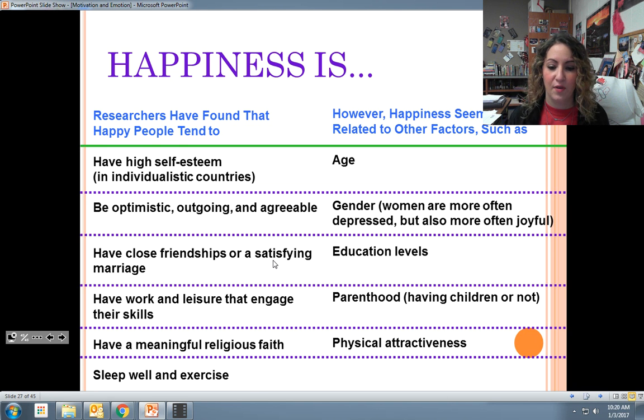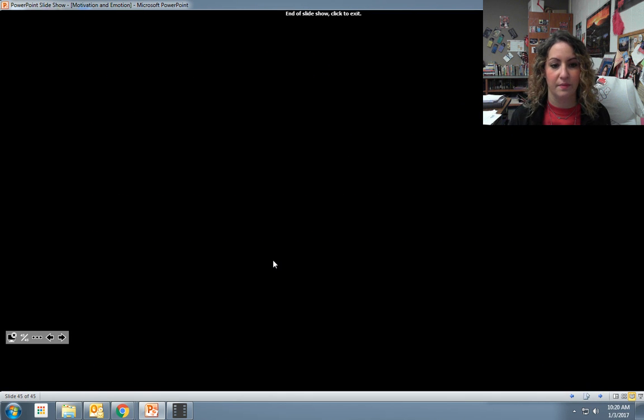Age doesn't change your level of happiness, your physical attractiveness, whether you have children or not, your education levels, and gender. But things that do affect your happiness are, are you sleeping well? Are you exercising? Having a meaningful faith, having work that engages skills that you're good at, having close friendships and a satisfying marriage, having high self-esteem, being optimistic, and so forth and so on.